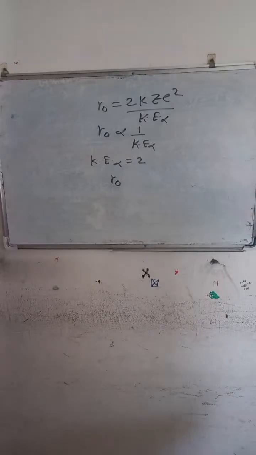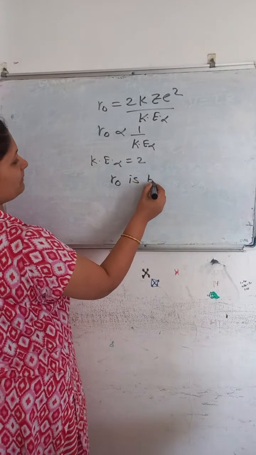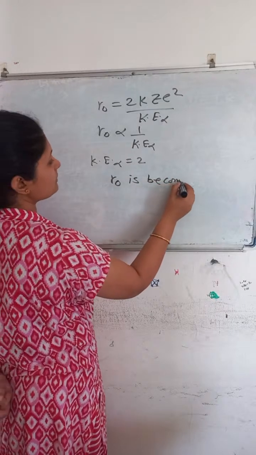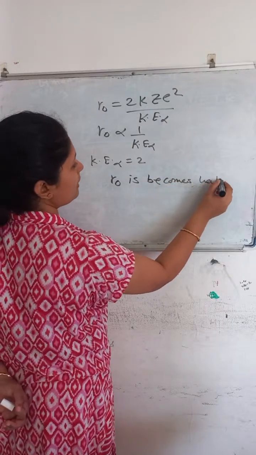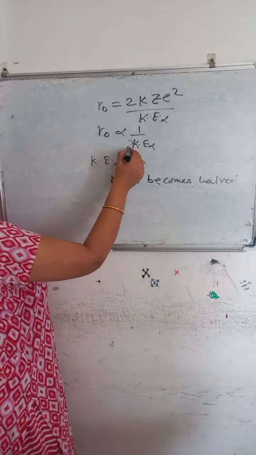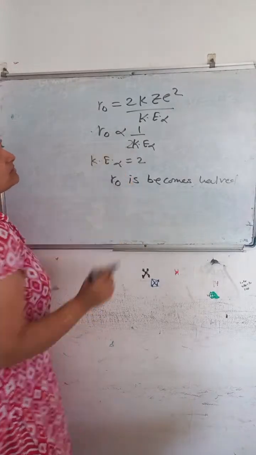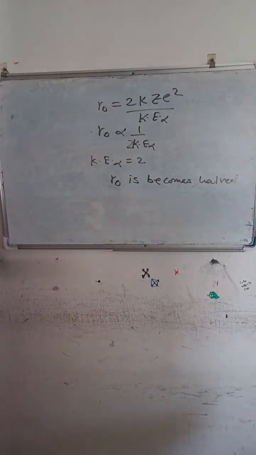So r naught becomes half, or halved. If twice the kinetic energy, then r naught decreases by a factor of 2. That's it. This is also an important question. They will ask this for 2 marks. Copy this.